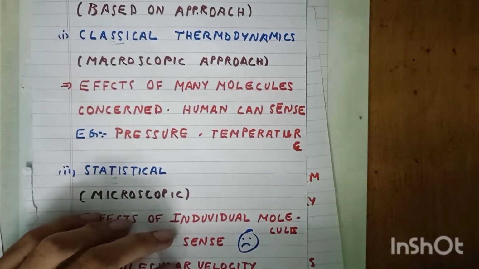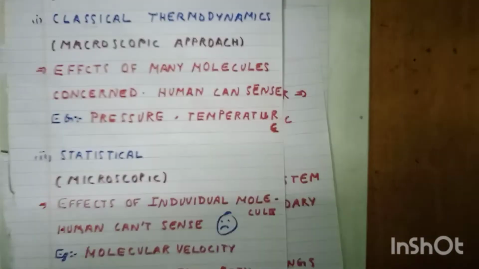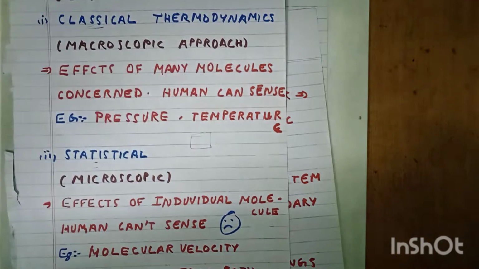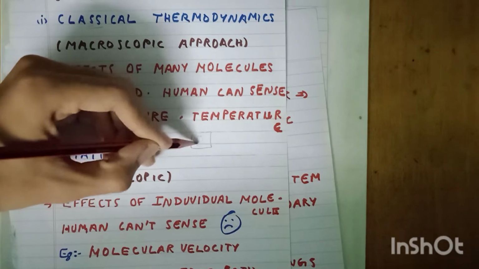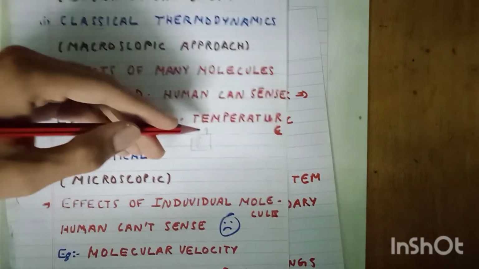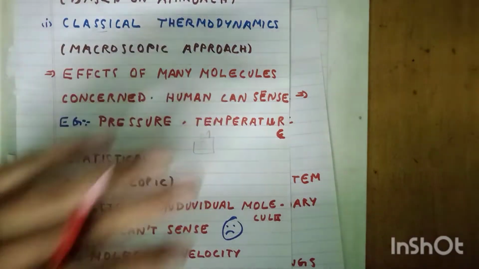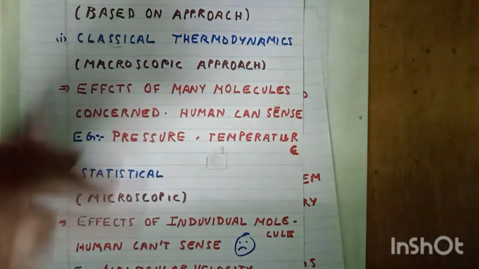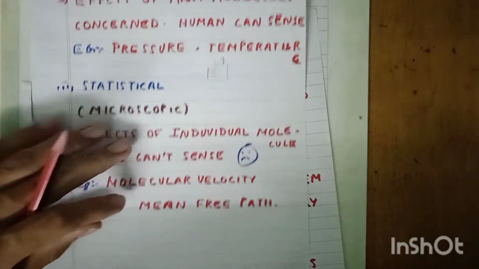In the concept of temperature, heat is produced by the molecular movement of a substance, the oscillation or vibration of many molecules. This can be sensed by humans, so it comes under classical thermodynamics. Similarly, pressure also.